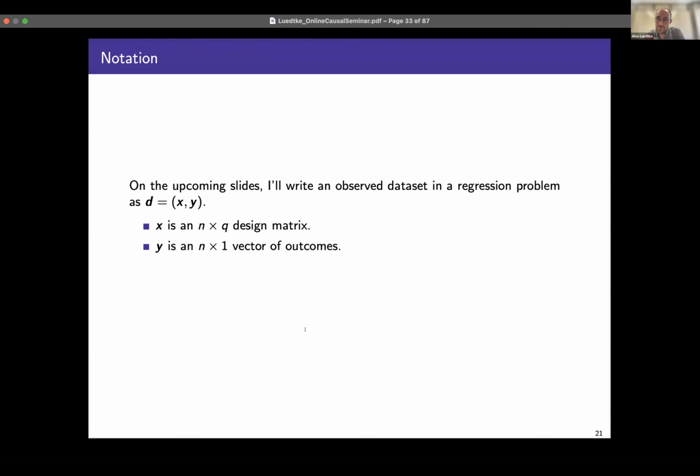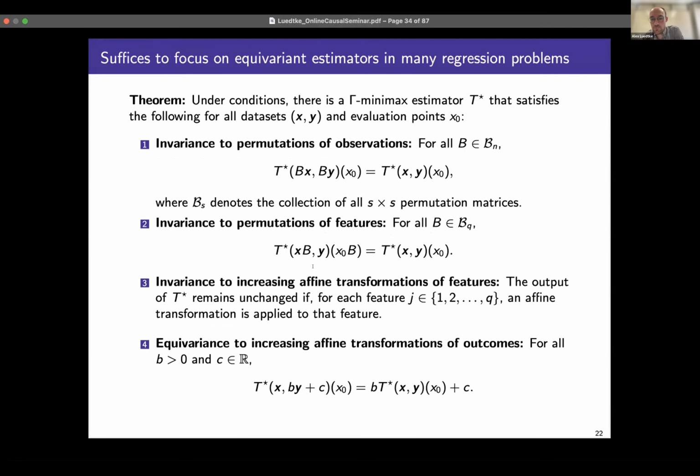Before I do that, I just need to define my notation. On the upcoming slides, I'm going to write the observed data set as D equals (x, y). X is the m by q design matrix, and y is an m by 1 vector of outcomes. Just simple notation. As for the theorem, it's not worth looking too much at it, because I'm going to give examples in just a second that I think will be easier to look at than this.